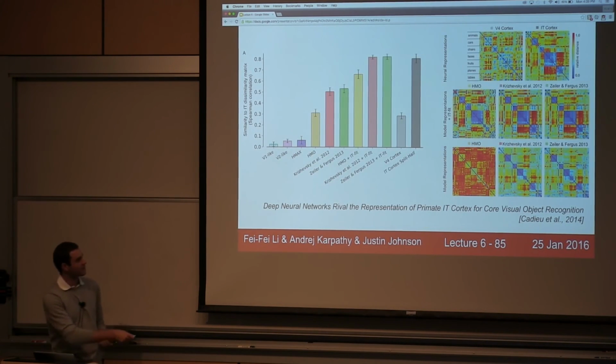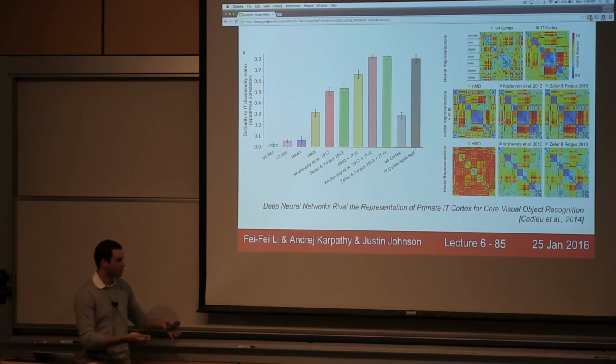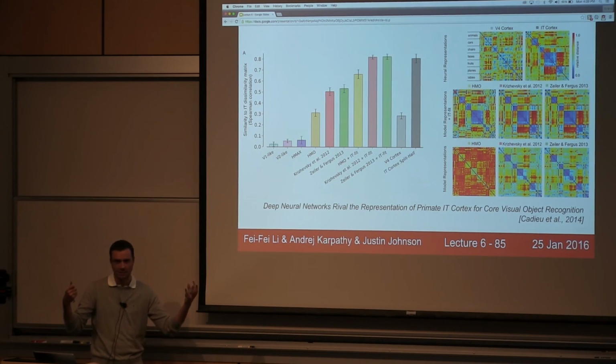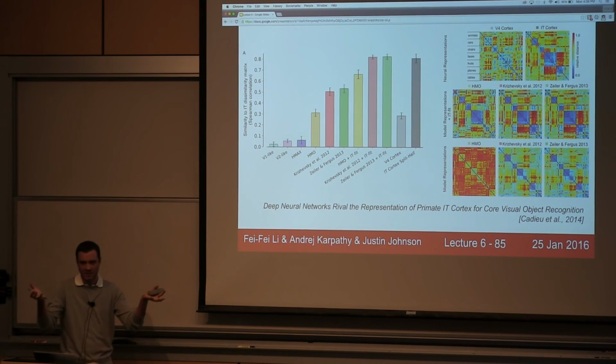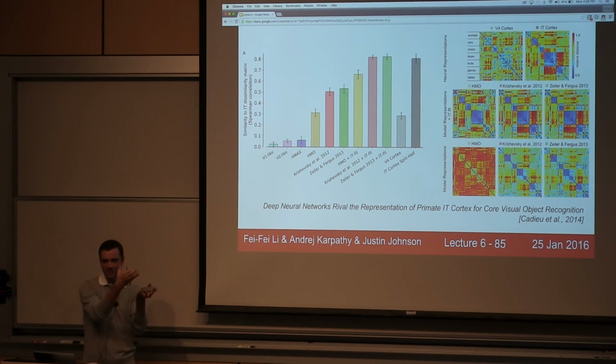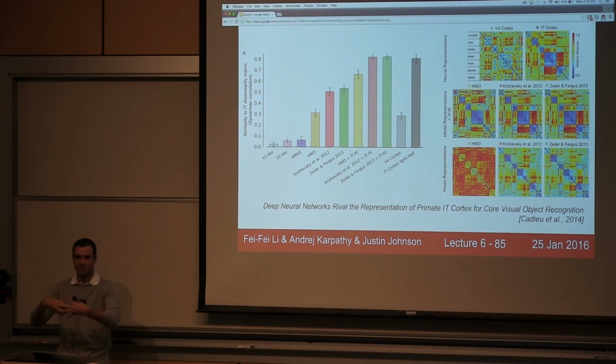Perhaps even more striking results are here, where they fed a lot of images through the convolutional network, and they got this monkey to look at lots of images. Then you look at how these images are represented in the brain or in the ConvNet. These are two spaces of representation of how images are arranged in the space. You can compare the similarity matrices and statistics, and you'll see that the IT cortex and the ConvNets have very, very similar representations.